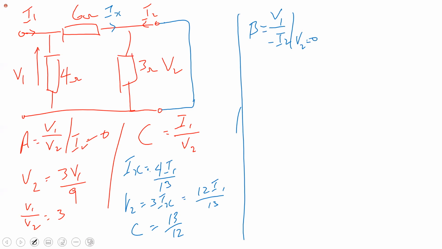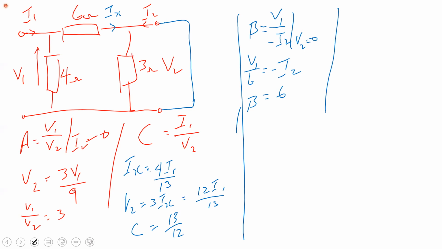Of course, because of the short circuit, it means that the 6 and the 4 will be in parallel. So V1 over 6 is equal to minus I2. In other words, B is equal to 6.